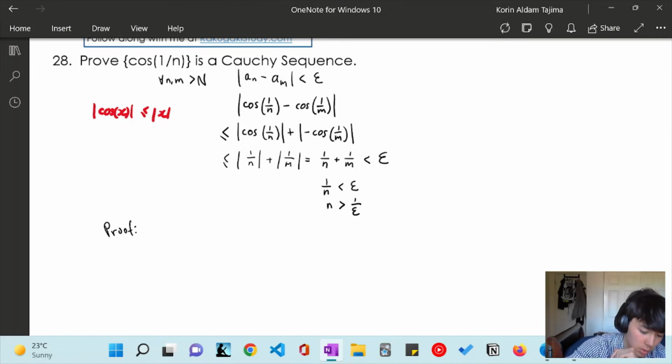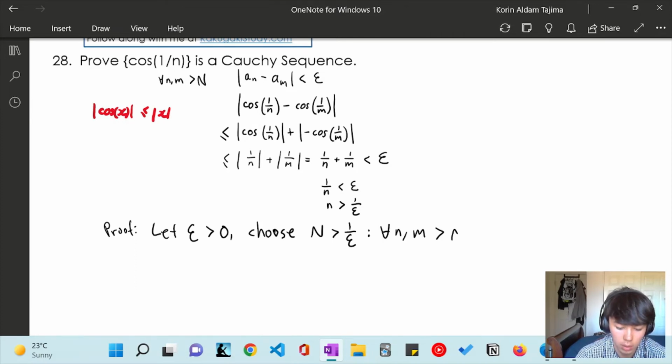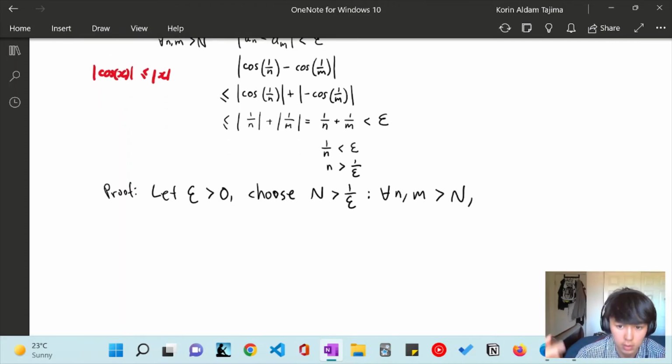So for Cauchy sequences, we're going to go: let epsilon be greater than 0, and then we can choose an N greater than 1 over epsilon such that for all n and m greater than N, something happens.